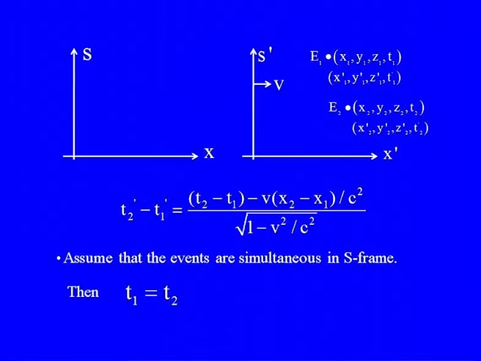If these events are simultaneous in the S frame, then of course they occur at the same time. So we take t1 equal to t2.